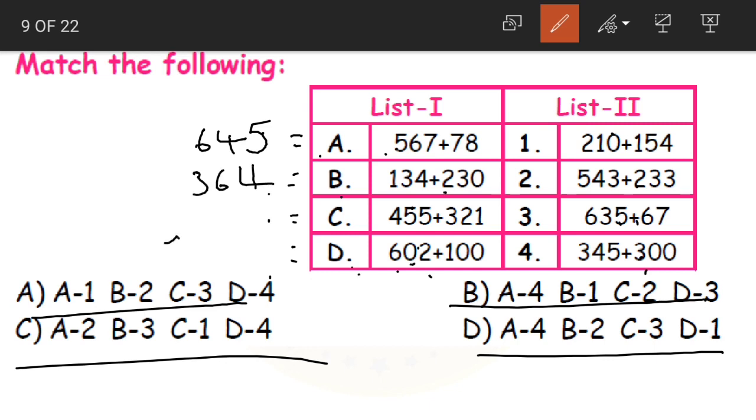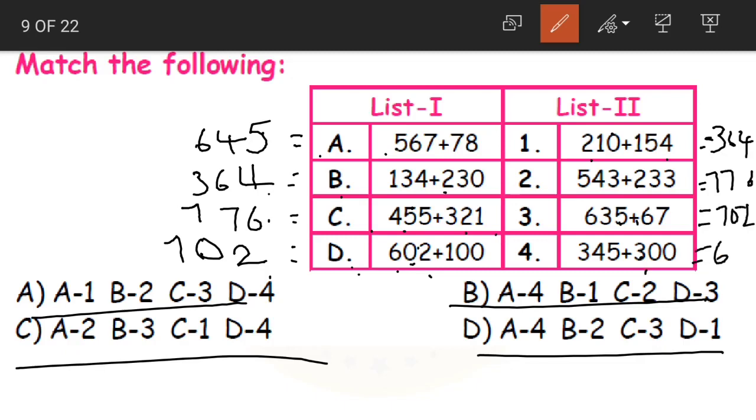Now D becomes 702 and option C becomes 776. Now again for list 2 also write the answers here. This becomes 364. This becomes 776. 3 becomes 702. 4 becomes 645.